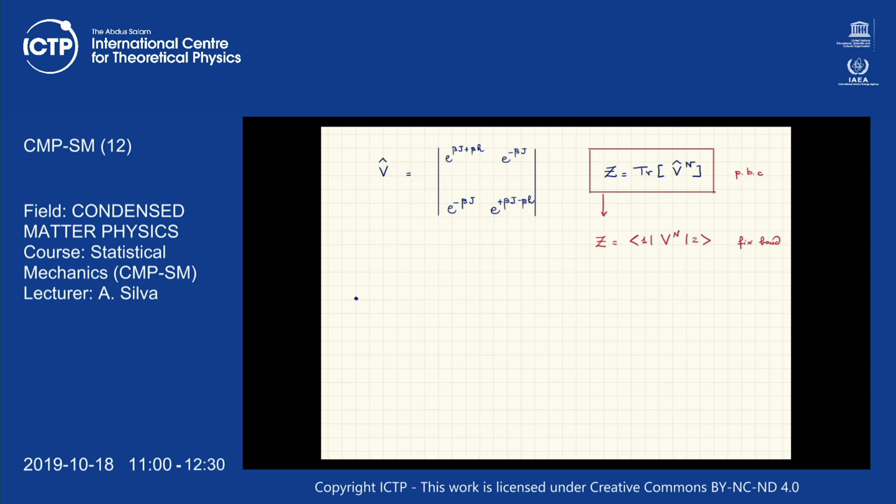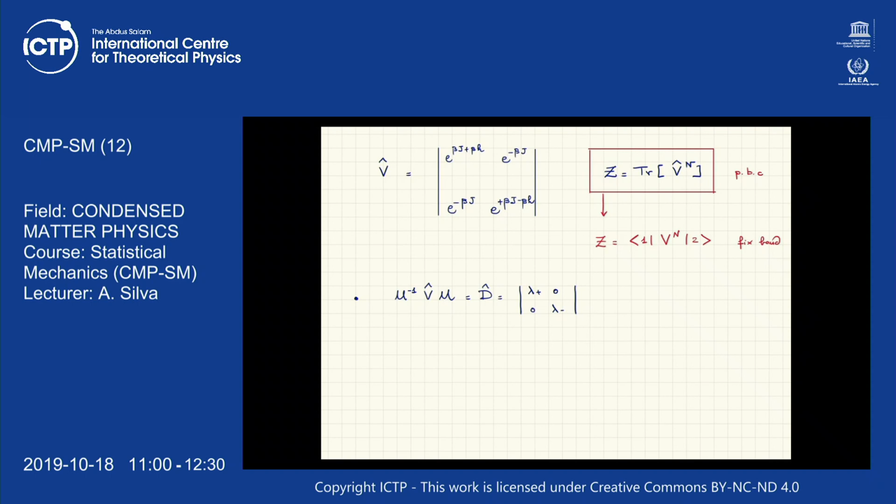If you're able to diagonalize this transfer matrix, then it's evident that you can write Z in terms of the eigenvalues. Why? Because suppose that you find a matrix, a rotation, that diagonalizes the transfer matrix, such that U to the minus 1 V U sets the transfer matrix into diagonal form: lambda plus, 0, 0, lambda minus.